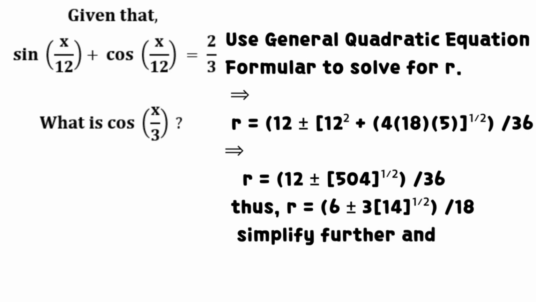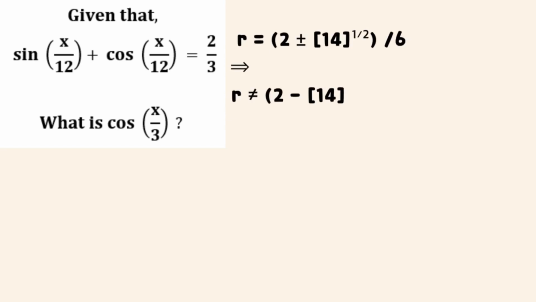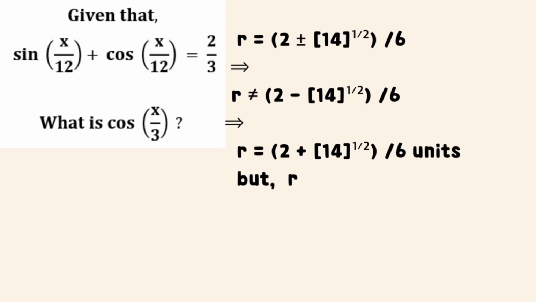Simplify to have that r equals 6 plus or minus the product of 3 and the square root of 14 all divided by 18. Then, simplify further and we have, thus, r is not equal to 2 minus the square root of 14 all divided by 6.